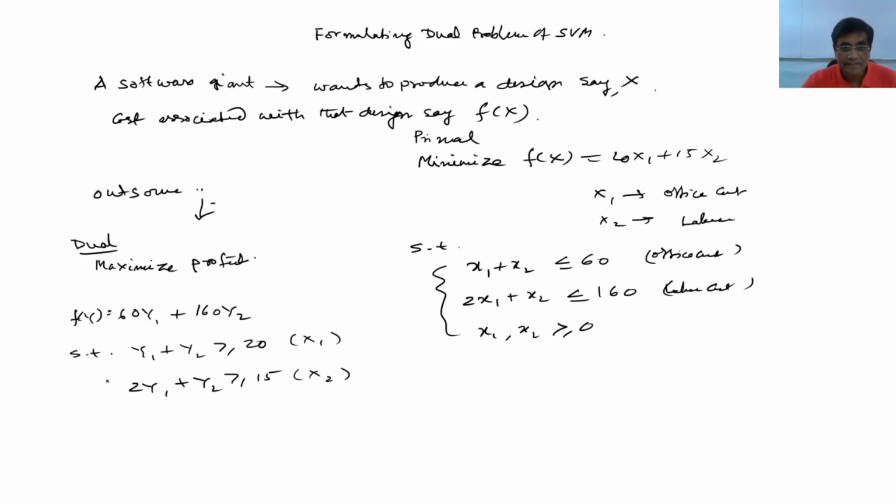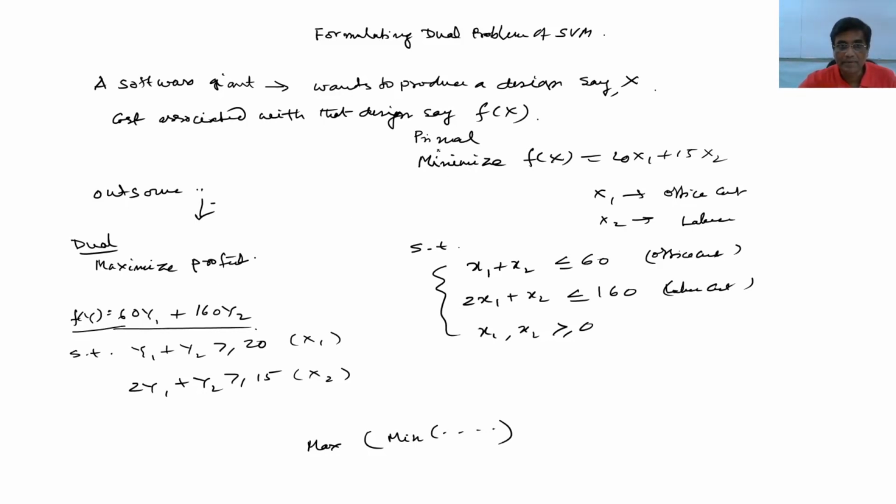And judiciously we have to formulate the constraints so that I can maximize my profit by designing or manufacturing the product within the cost f of x, which is the minimum. So my problem is to maximize the minimum of this function, okay? So this is called the dual. This problem is dual to this problem.